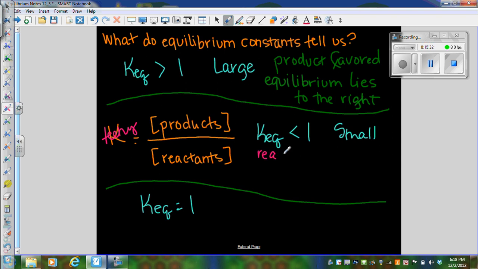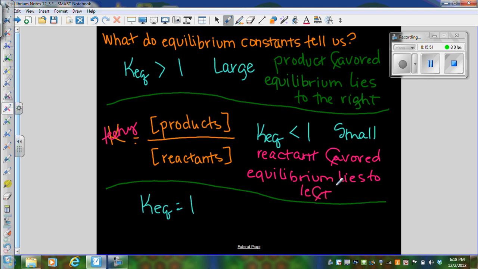And so we call that reactant favored because we have more reactants, and we say that the equilibrium lies to the left. So reactant favored, or the equilibrium lies to the left, which means we have more reactants. That would be the situation that we have with weak acids and weak bases.